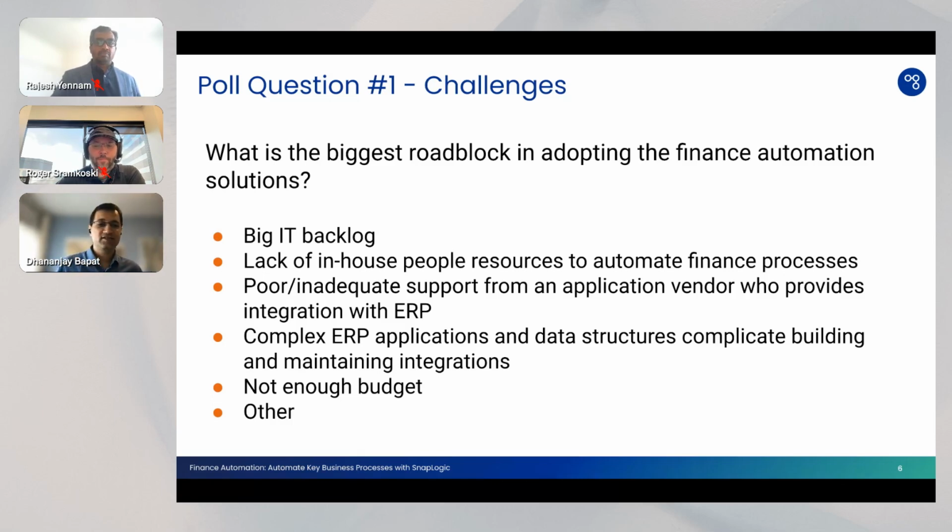So Rajesh, do you see similar stats from your experience working with customers? Absolutely, Dhananjay. The biggest challenge that we see when talking to various customers, across different industries and different sizes, is: we want to reduce the close cycle, but the biggest challenge we are running into is not being able to access the data in real time, so that we have that level of visibility, because the data is available in various systems.